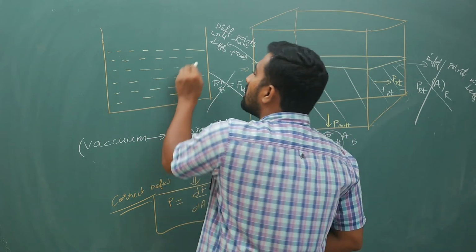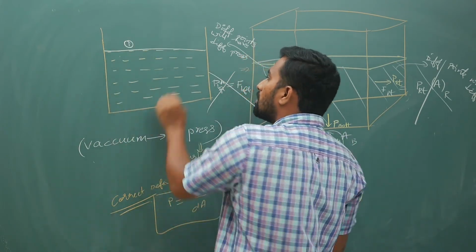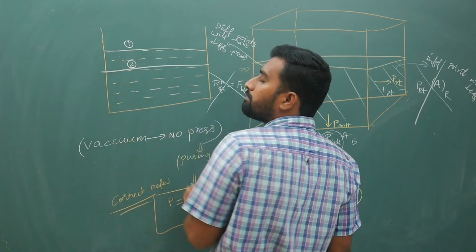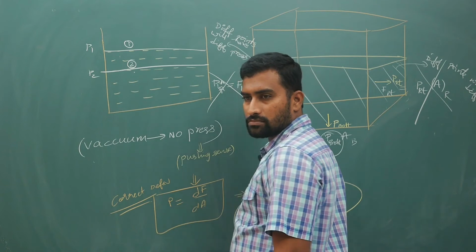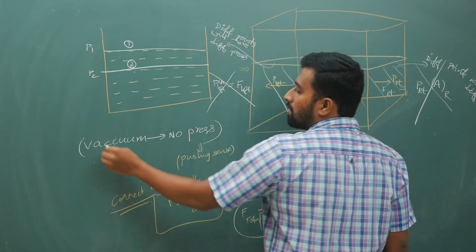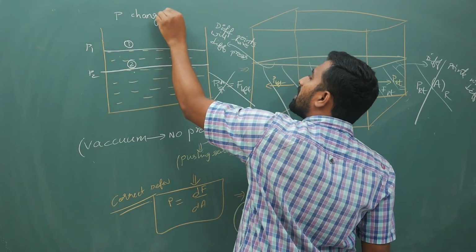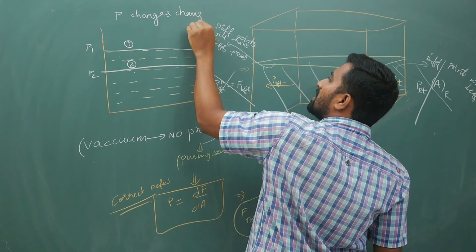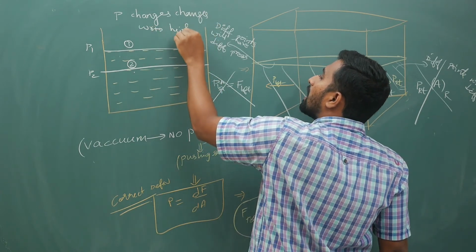So now all these points on this line 1 will have the same pressure, line 2 will have the same pressure, but from 1 and 2, P1 is not equal to P2. Your pressure usually changes with respect to height. Why that is the case, I will tell you, but remember this, pressure changes with respect to height.